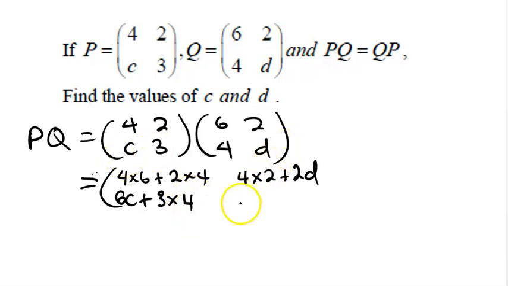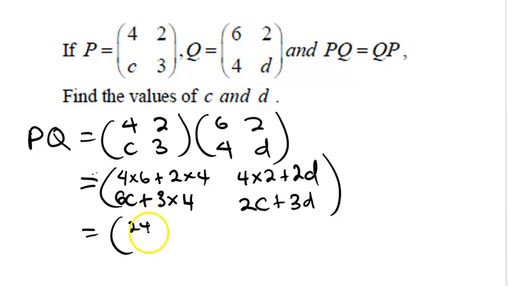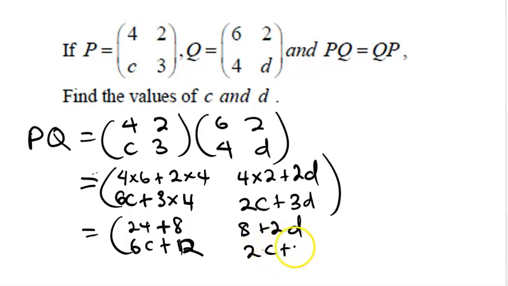Then C times 2 is 2C, and 3 times D is 3D. So we have 24 plus 8, and then 8 plus 2D, 36 plus 12, and then 2C plus 3D.